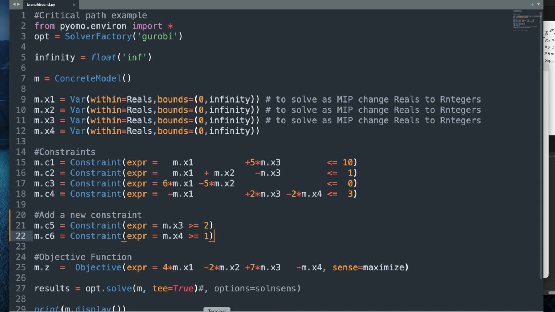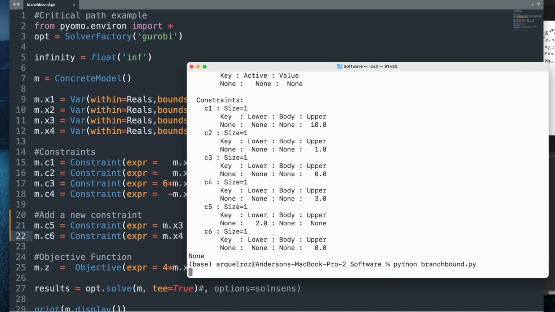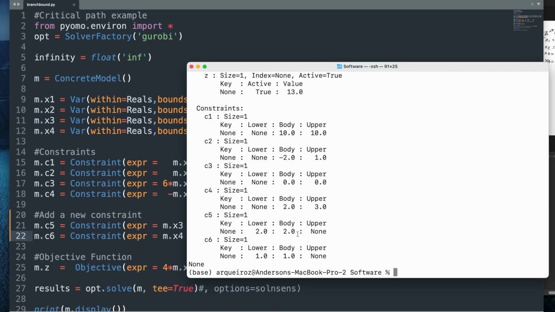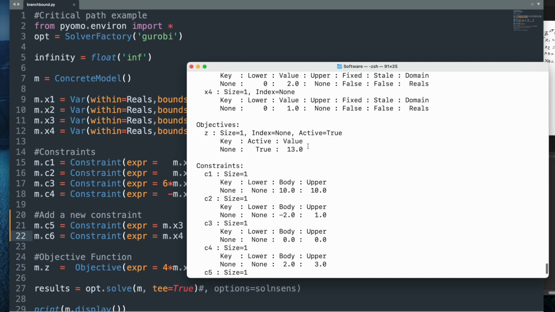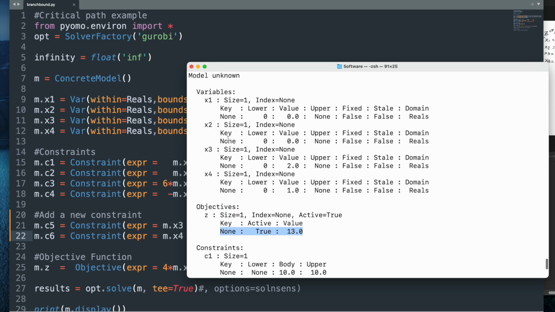So we'll save that, go to the terminal, run that Python script, and voila. Now we are able to find a solution that gives us a z value of 13, and all the decision variable values are integer valued, right? So x1 equal to 0, x2 equal to 0, x3 equal to 2, and x4 equal to 1, sorry.